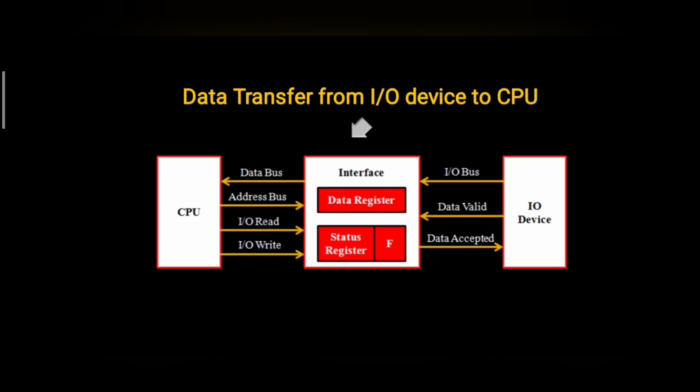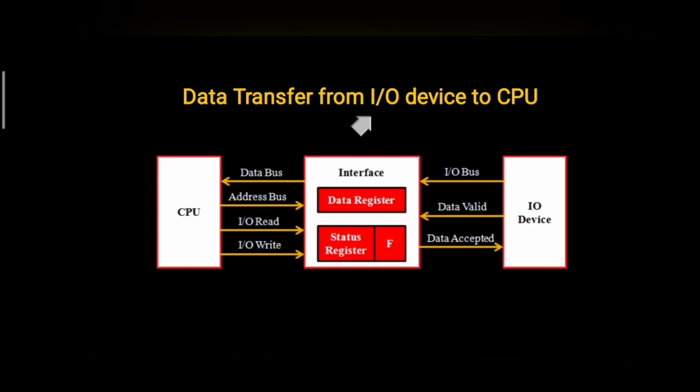So during the data transfer from the IO device to the CPU, the IO device transfers some bytes of data one at a time as they are available on the IO bus and enables its data valid line. Fine. The interface unit starts accepting the bytes of data into its data register, and later it enables its data accepted line. The interface simultaneously also sets the flag bit in the status register.